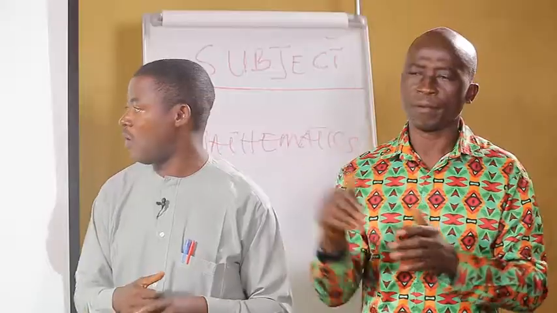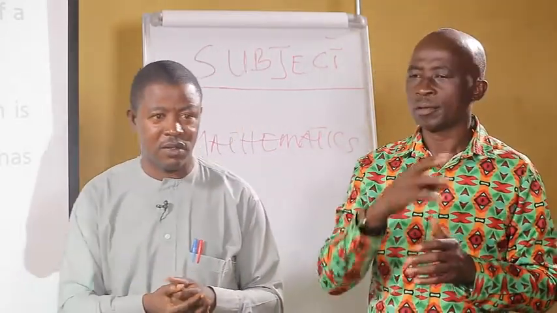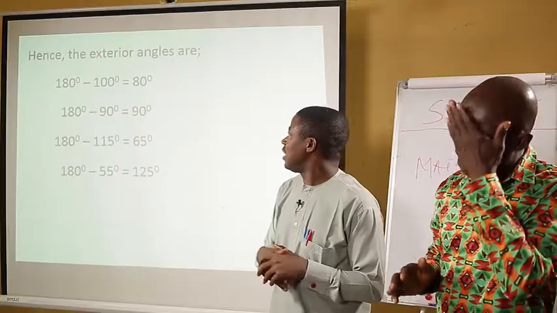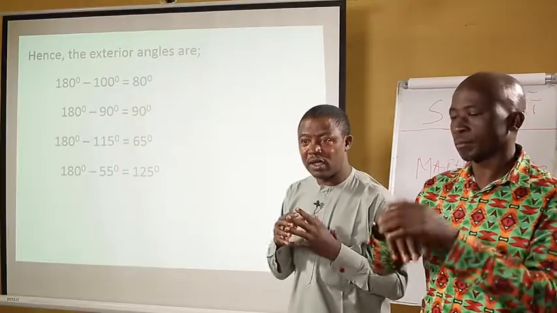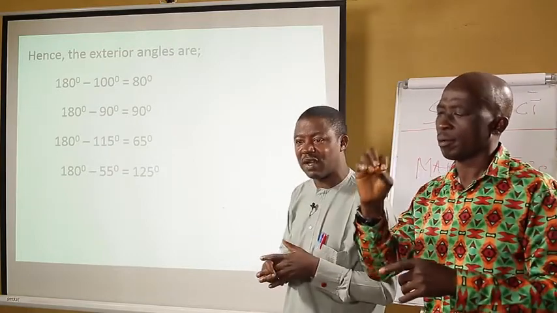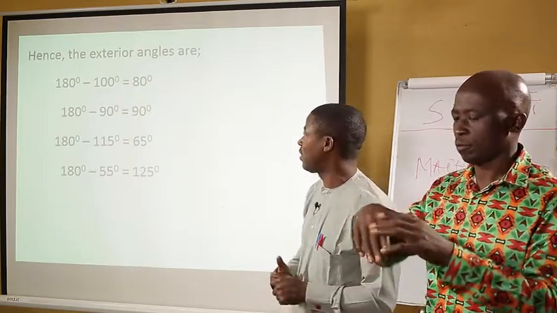That gives you 125. Hence, the exterior angles of the quadrilateral have been deduced. The exterior angles of the polygon are 80 degrees, 90 degrees, 65 degrees, and 125 degrees.